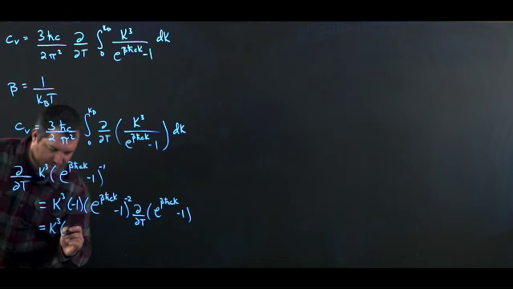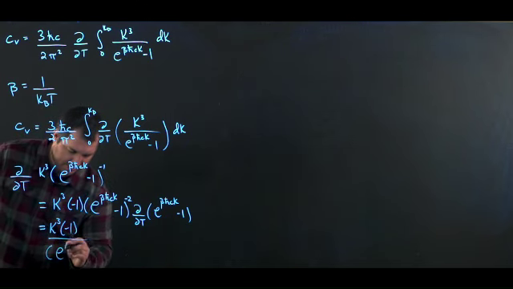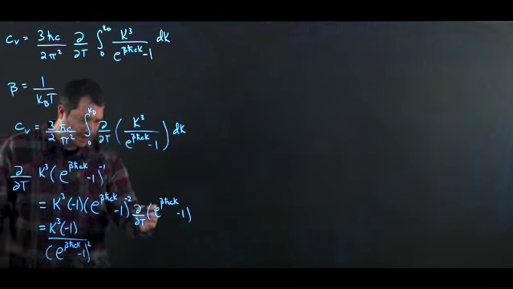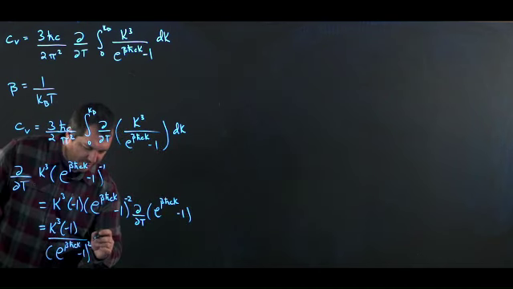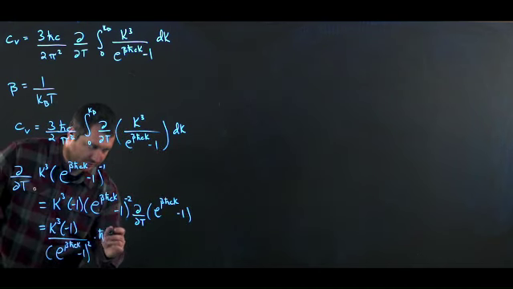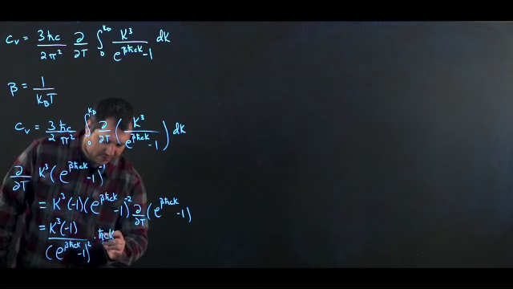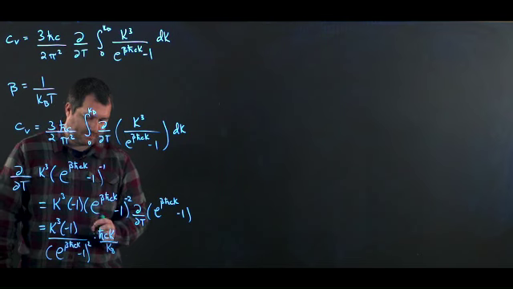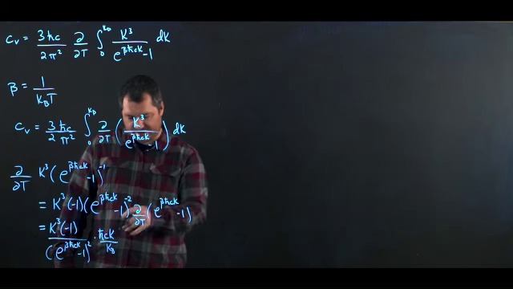So we got k cubed, the -1. I can just throw this term on the bottom for now. e to the beta h bar ck minus 1 squared, and the derivative of this guy. Now if I plug in 1 over kBt, then what's going to come down here is my h bar, c, k. I'm going to have 1 over kb, and I'm still going to have this t, or this temperature part, which is on the bottom, I've got to deal with.